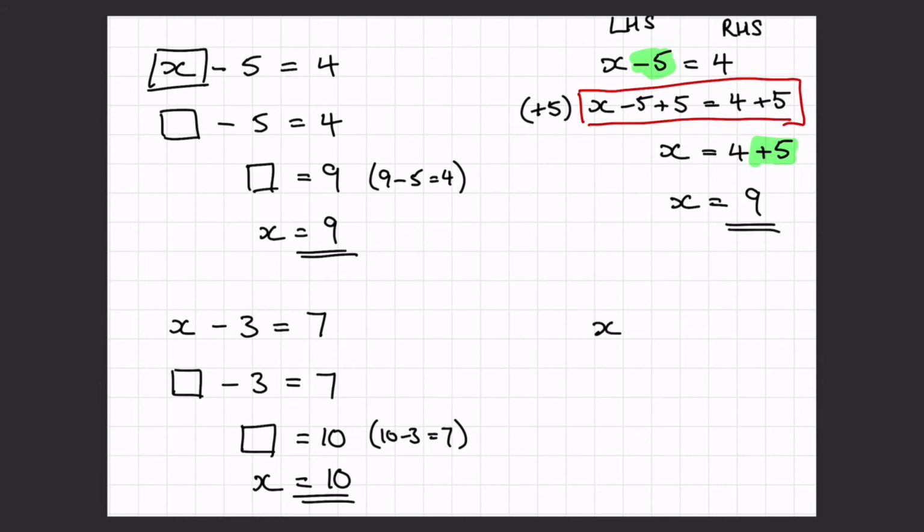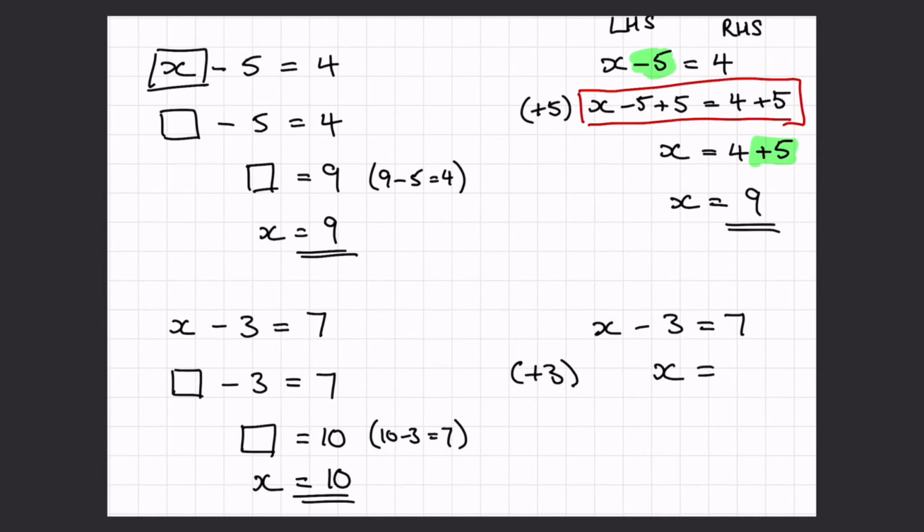We have x subtract 3 is equal to 7. I want to get my x on its own. We have -3 here, so I'm going to add 3 to both sides. Now I know that x subtract 3 add 3 is going to give me x, because that's the whole idea. I want to get x on its own.